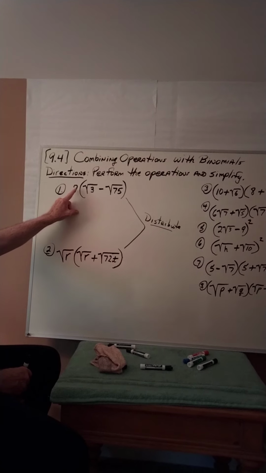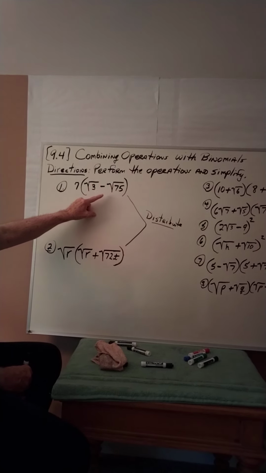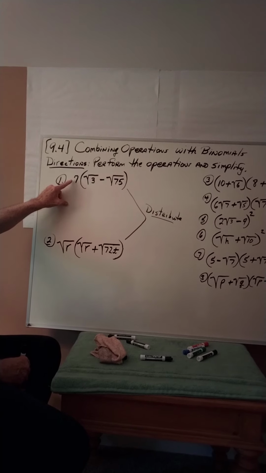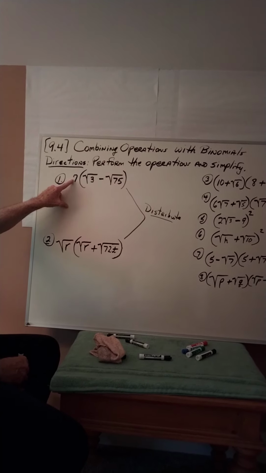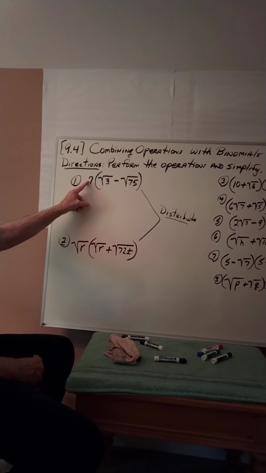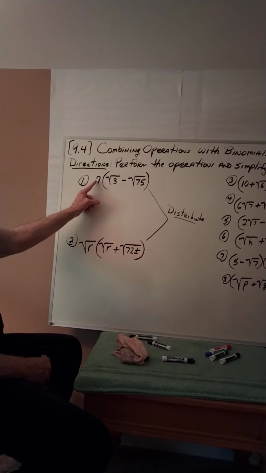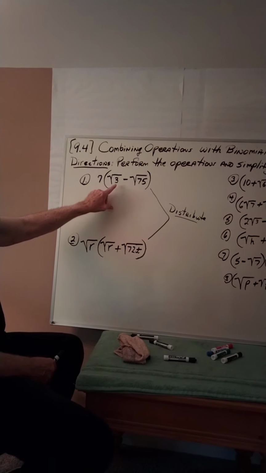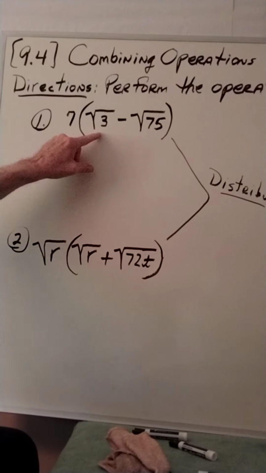And what we definitely have to do on number 1, and I hope it would be obvious to all of you, is that this 7 is a distributor, and this 7 is going to have to distribute over to each of the terms inside the parenthesis. And we have a binomial right here.